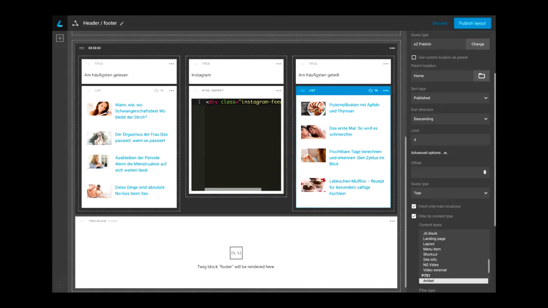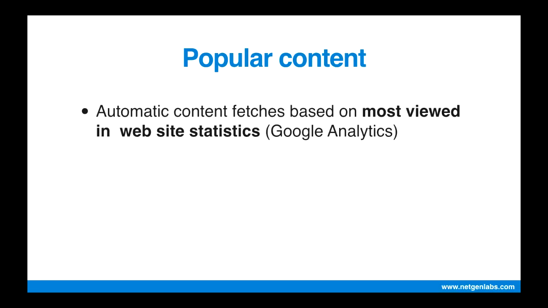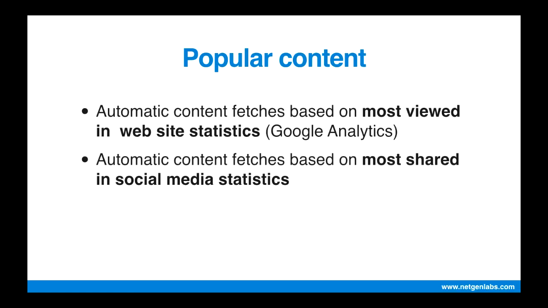How do you do things with Layouts? Getting a bit more interesting is popular content. Popular content could be a lot of things, but in our case, it's automatic content fetches based on most viewed, with the statistics. In our case, we integrated with Google Analytics.